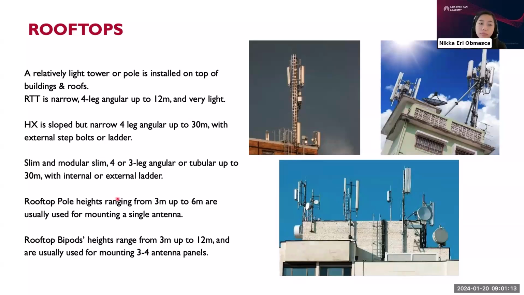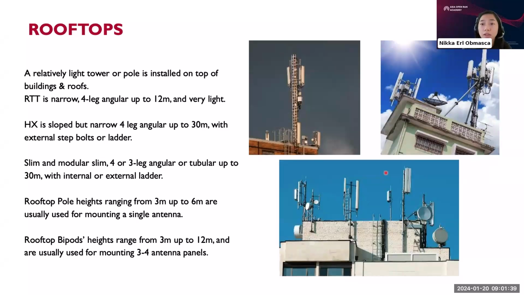While if it's a pole, its height is from 3 to 6 meters, and it is used for mounting a single antenna. So you usually see this here in Manila. If you're riding a train, you will see a lot of these kinds of towers on the rooftops.